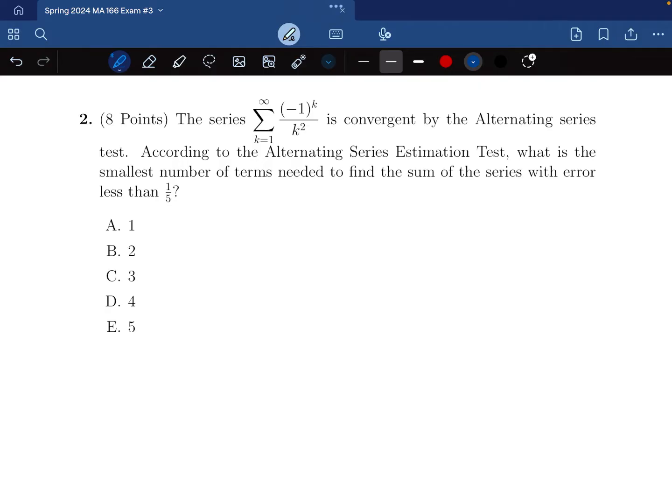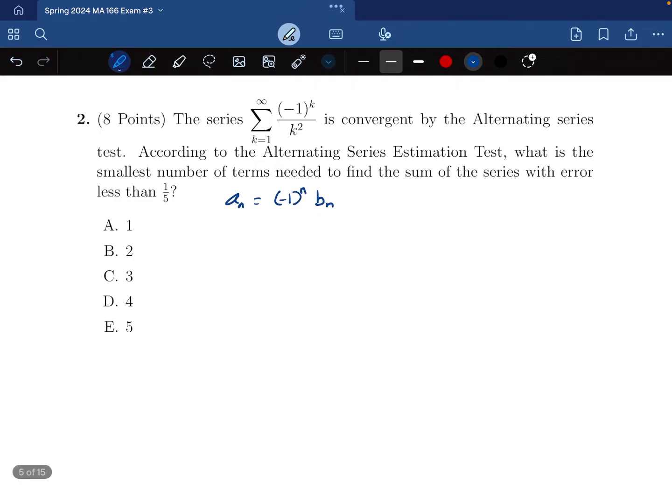Okay, so first let's go over the alternating series estimation test. So suppose we have an alternating series A, we can say the following. So we can say that Bn is the series such that this is true. Basically, it's like the non-alternating version of the alternating series. Okay, in that case, the alternating series error bound, which we say is Rn, so this is equal to S minus Sn.